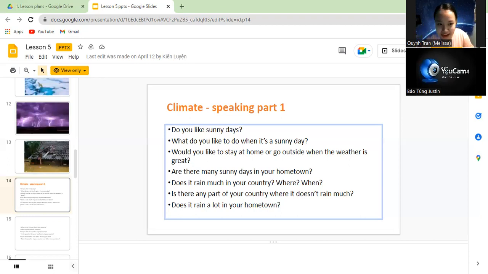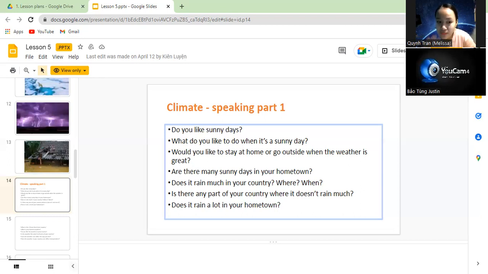Downpour, pour down, and pouring. Remember, don't say poor, that is P-O-O-R. Say pour. Okay, repeat again. Pour. Okay, that's good. So downpour, pour down, pouring, they all mean heavy rain.